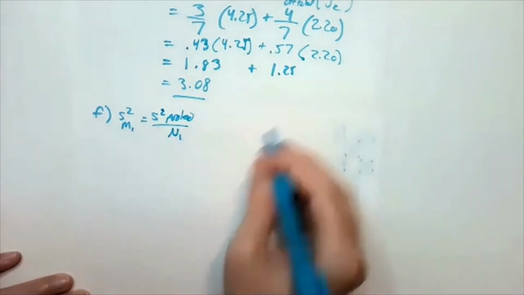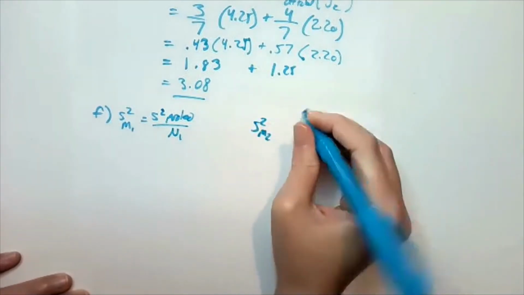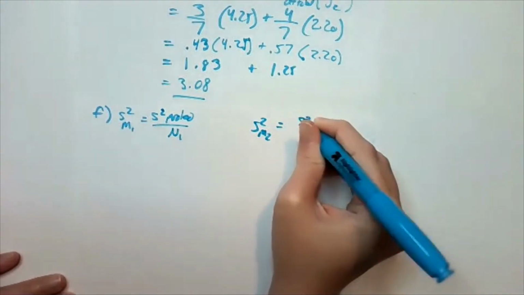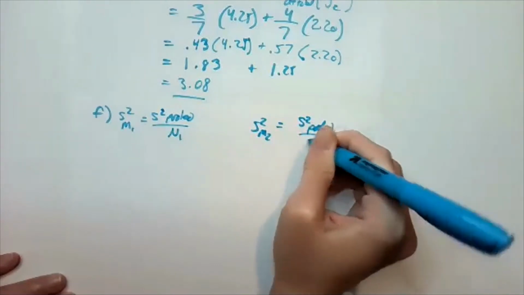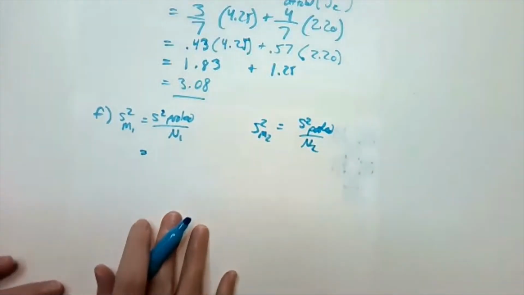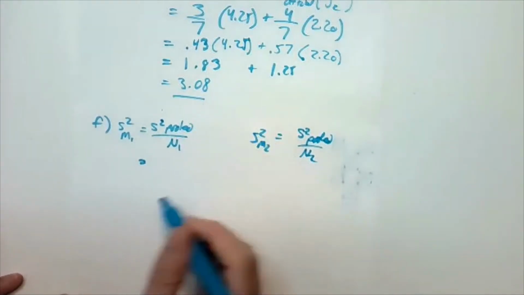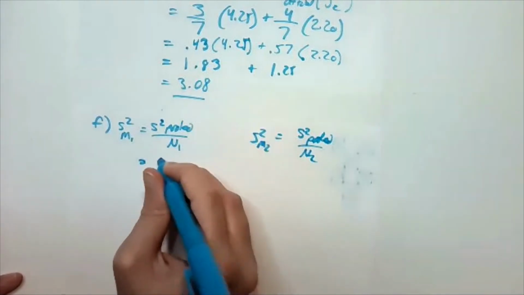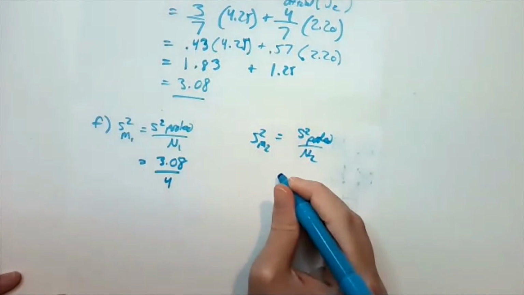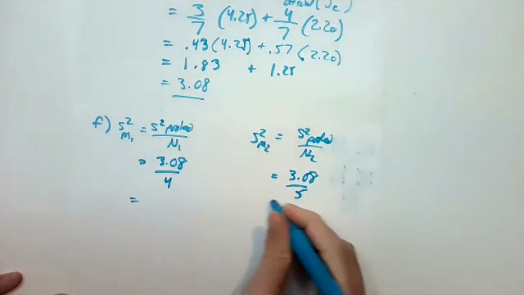Sometimes when we're doing this calculation we're going to have different size groups, and so that n is going to be different. Here we're going to plug in what we had here and our n's of each group. So here we have 3.08, and we had 4 people in that group. And here we're going to have 3.08, and we had 5 people in this group.